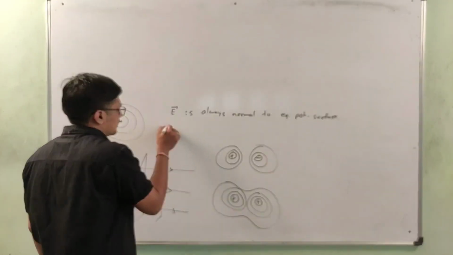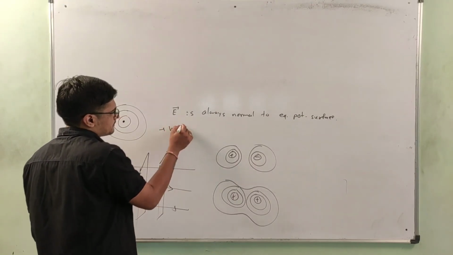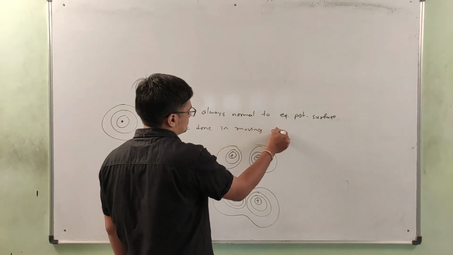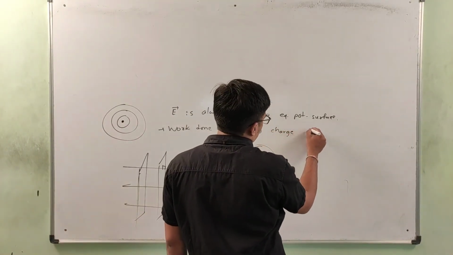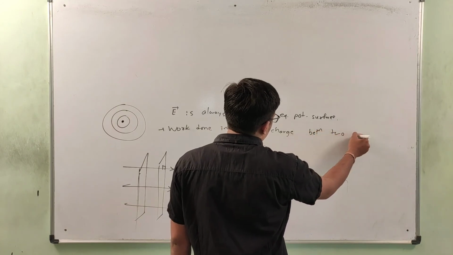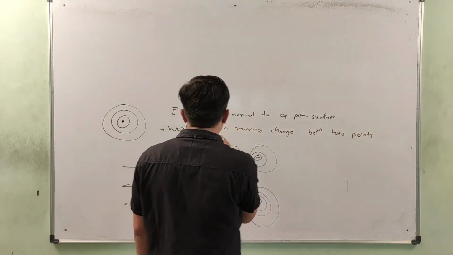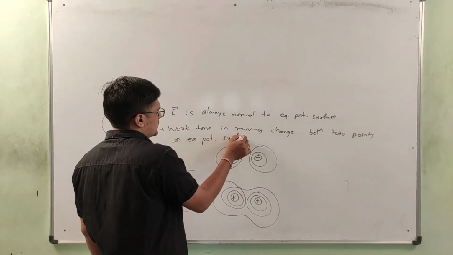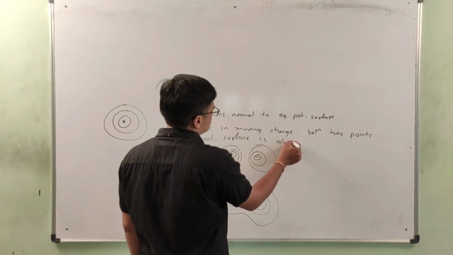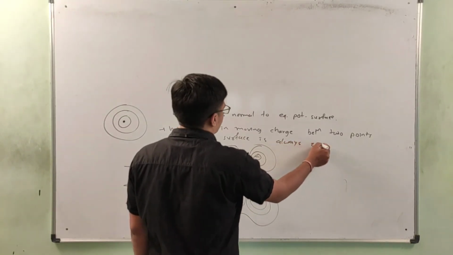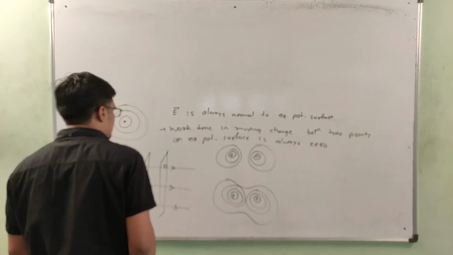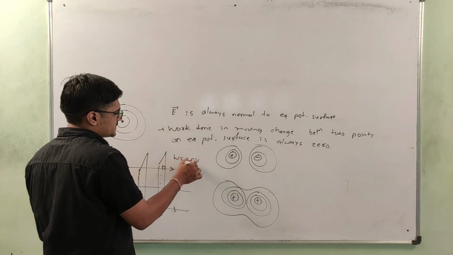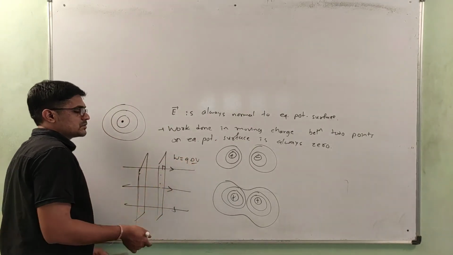And remember, the work done in moving a charge between 2 points on an equipotential surface is always 0, because the potential is the same at both points on the equipotential surface. So work done is equal to q delta V. Potential is the same, so potential difference is 0, so work done is also 0.